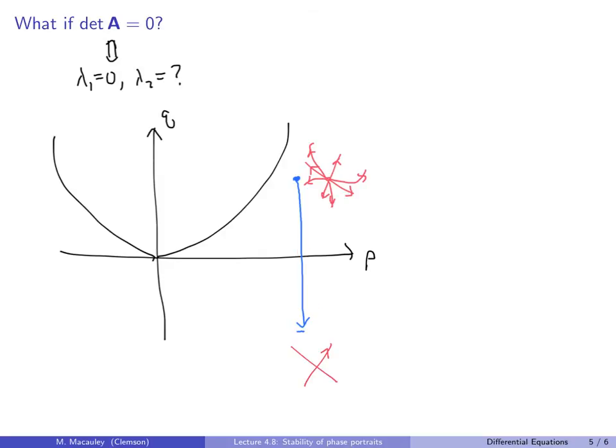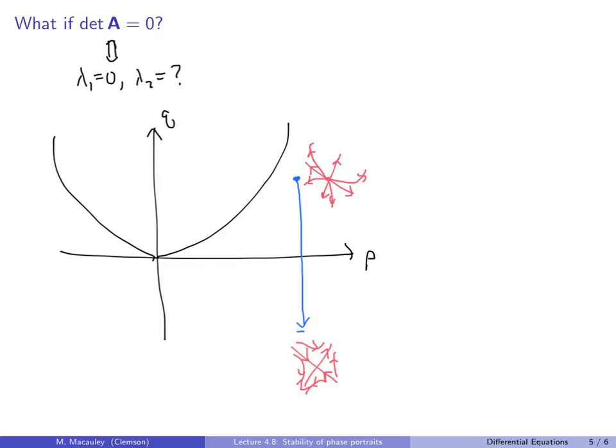So maybe this is out and this is in, and maybe it's something like this. So I want to ask what happens. As we move closer and closer to the p-axis, these bends are going to get less and less, and then I want to talk about what happens when we get really close to the p-axis, or when we get on the p-axis.